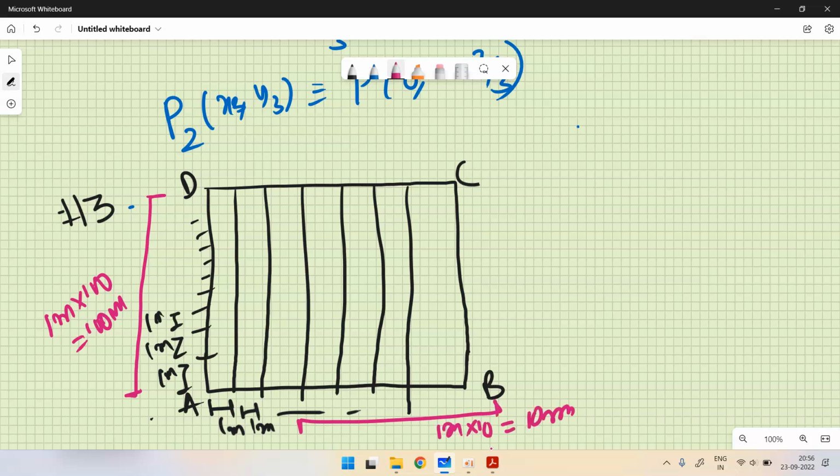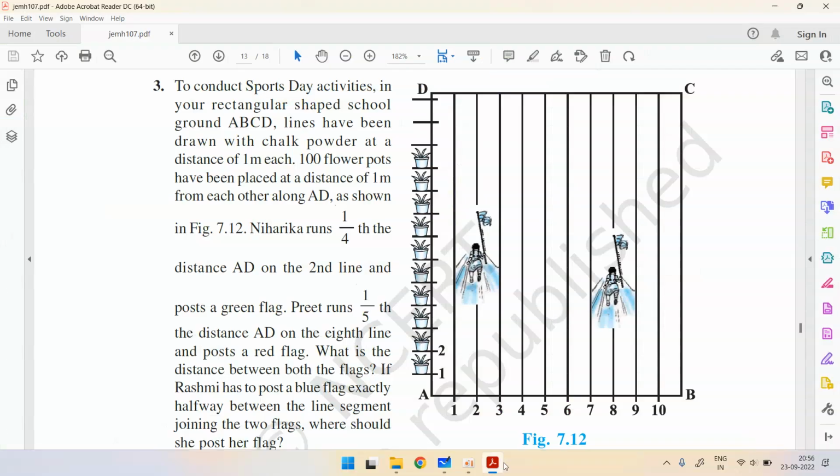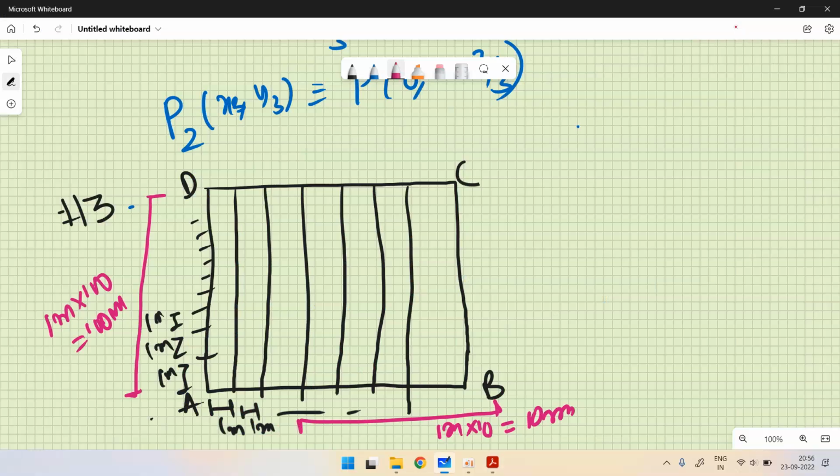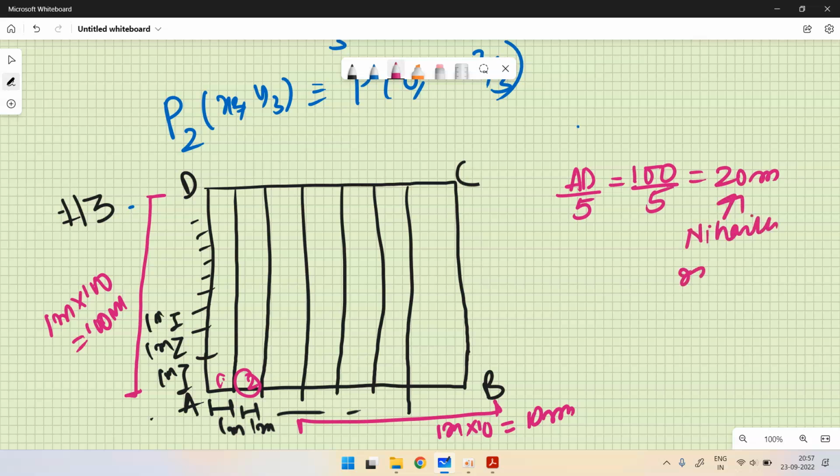Now it is saying that Niharika runs 1/4 of the distance AD. AD is this vertical line. On the second line, say this is my first line, this is my second line. So she runs 1/5 of the race. What is 1/5 of AD? AD by 5, that is 100 by 5, which is 20 meters. This is run by Niharika on the second line.